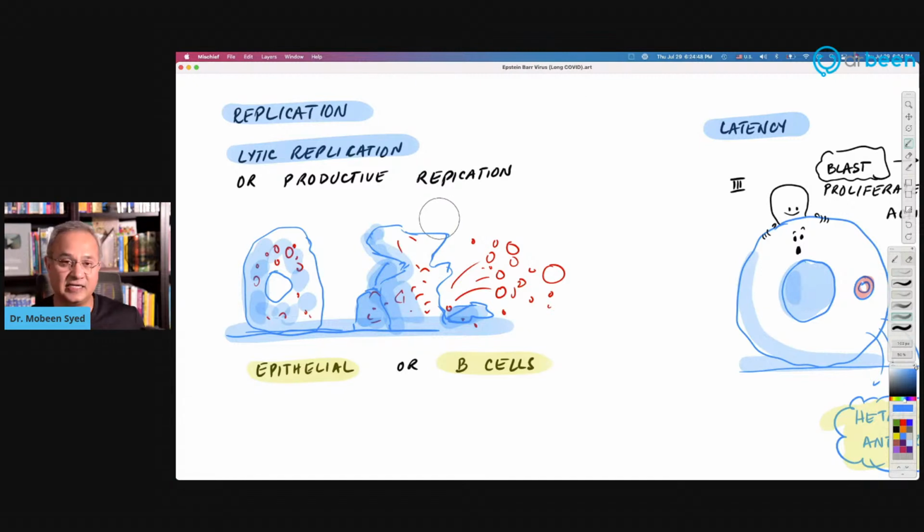These infected B cells from the throat will pick up the virus, and then they will become active and start dividing as well, and they will run around in the whole body. This is our immune cells' behavior. When they find some antigen, they run around in the body and bring it to every other cell and say, look, I got something.